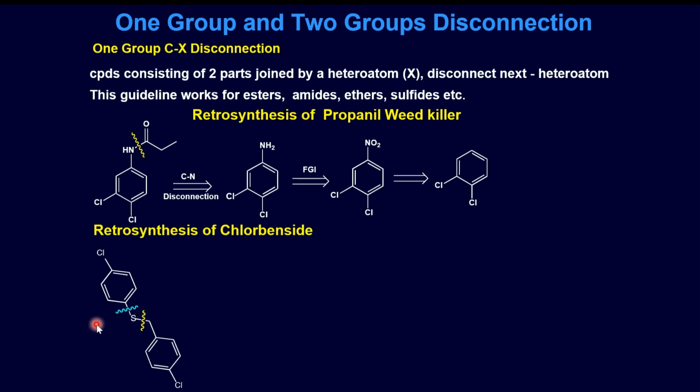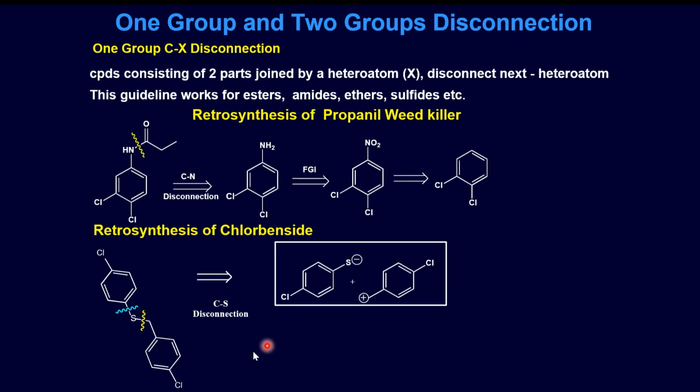I can cut over here or cut over here. If I cut over here, this part represents this. S is electron rich, heteroatom S minus, and this CH2 it gets plus charge.